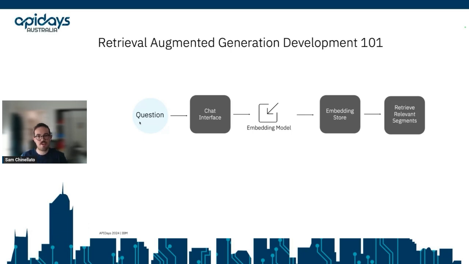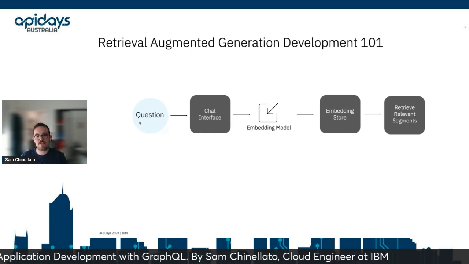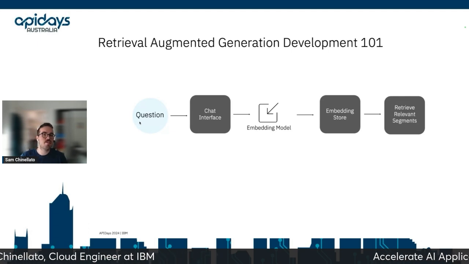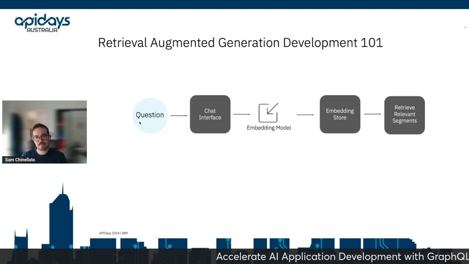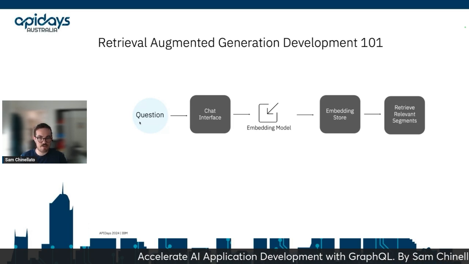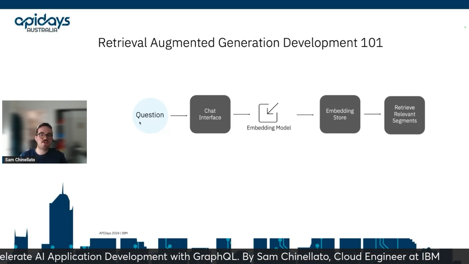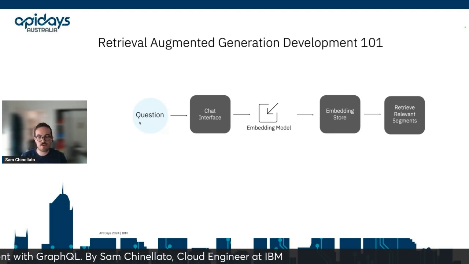A RAG application then needs to embed this question. That's often done using an embedding model. And it's then going to query an embedding store, which might be called, for example, a vector database. This is where we store our knowledge data. We're then retrieving relevant segments, segments that match the query from our user.